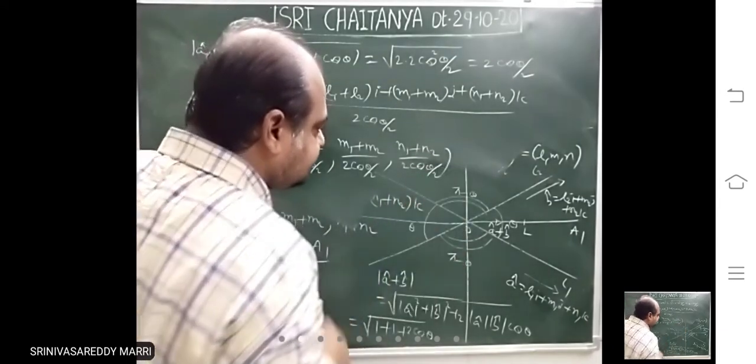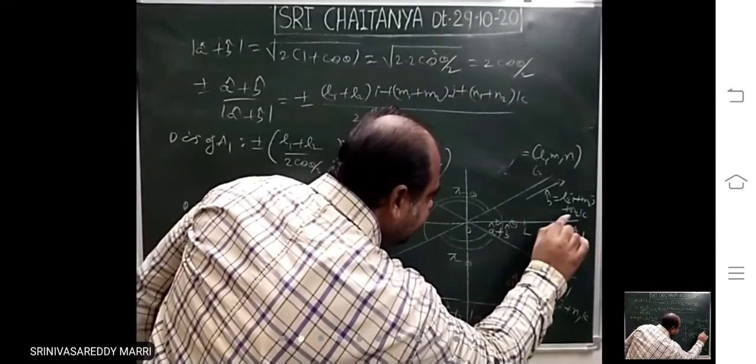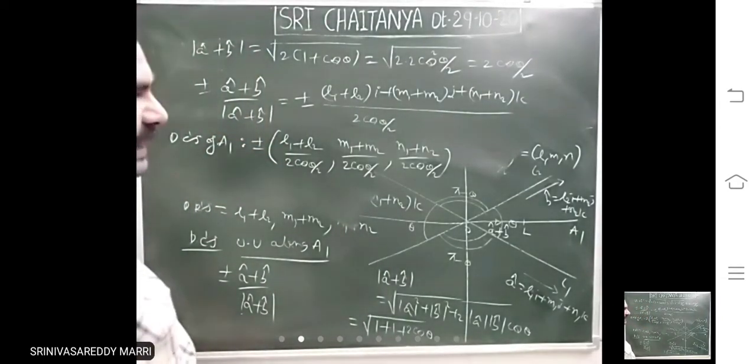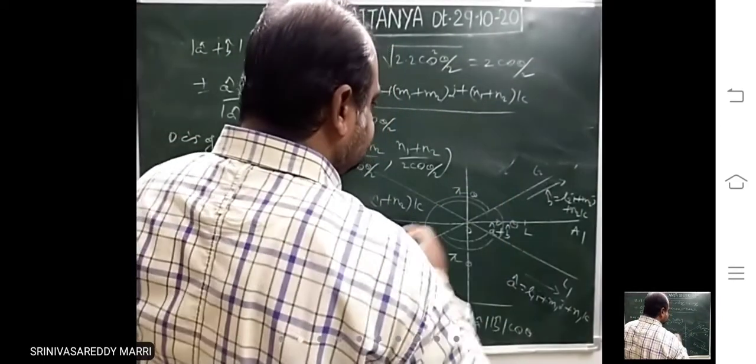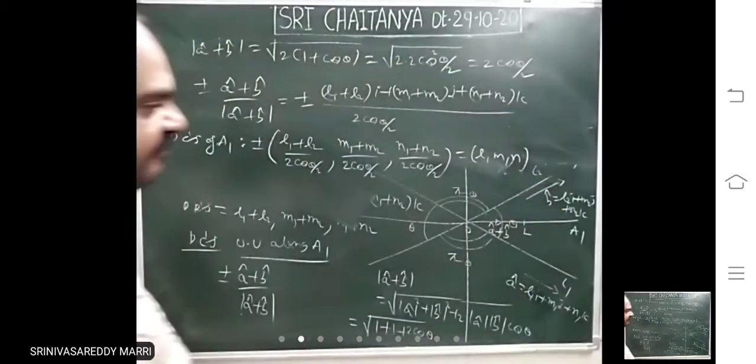On one side it is L, M, N and on the other side minus L, minus M, minus N. These are the DCs of A1.